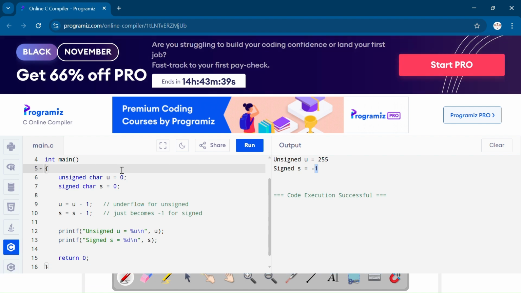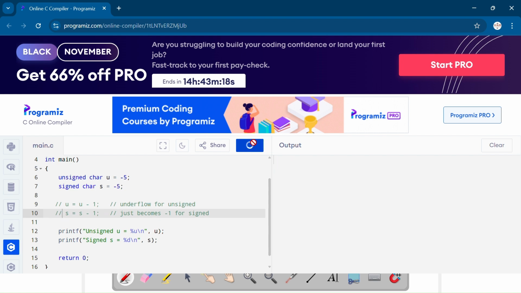Another example: take 5, then minus 5, and comment these two. See what happened. Signed representation includes negative numbers also, but unsigned representation has only positive numbers.